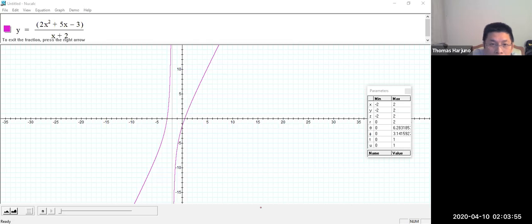Okay, so this is positive 1/2 here. So I have to erase this part. If I didn't check that, I will not get it right.